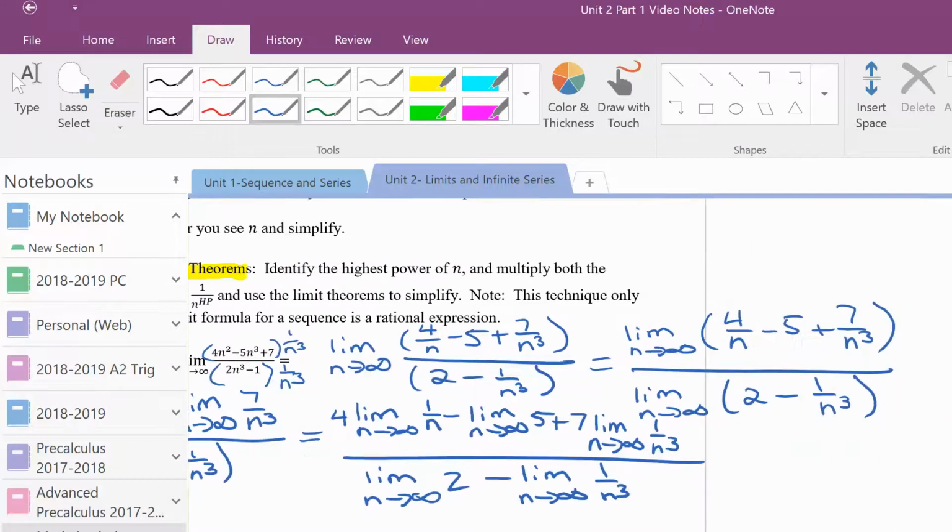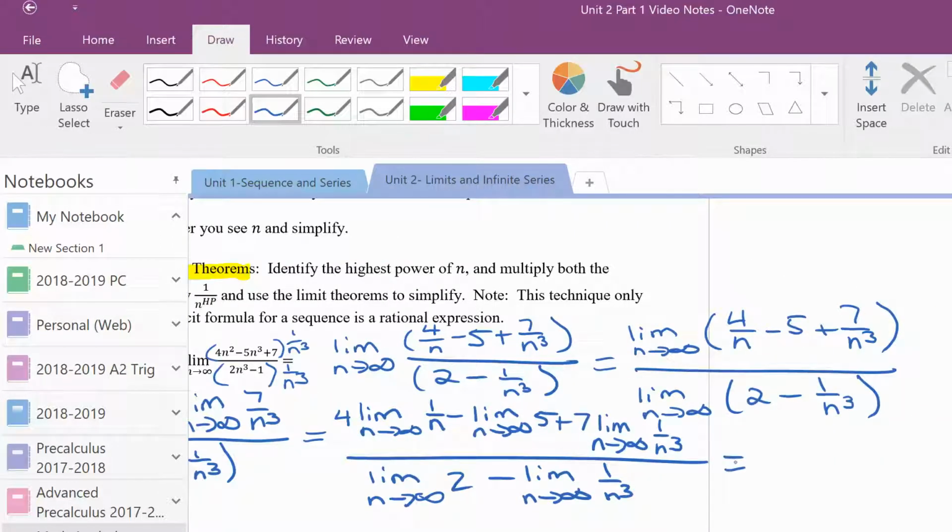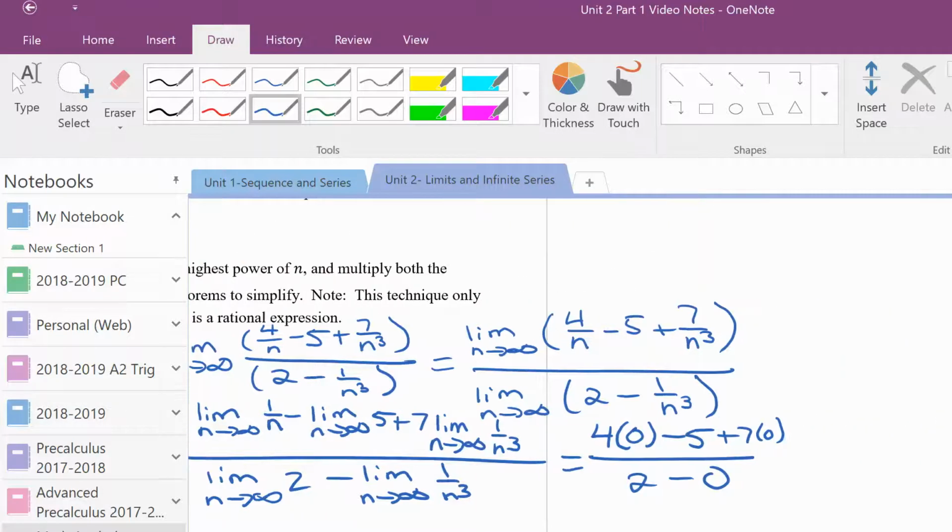Now we've done that. We've gotten them all to be 1 over n to a power or a constant. So this is 4 times, well, the limit as n approaches infinity of 1 over n is 0, minus 5 plus 7 times 0, all over 2 minus 0. So this is equal to negative 5 halves.